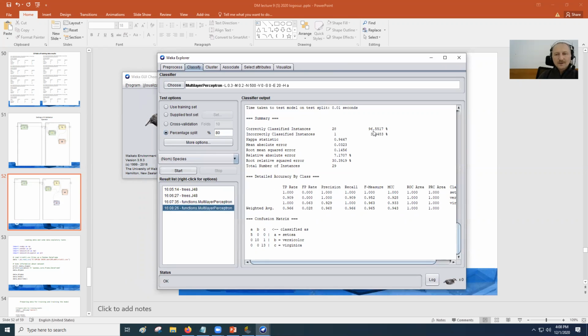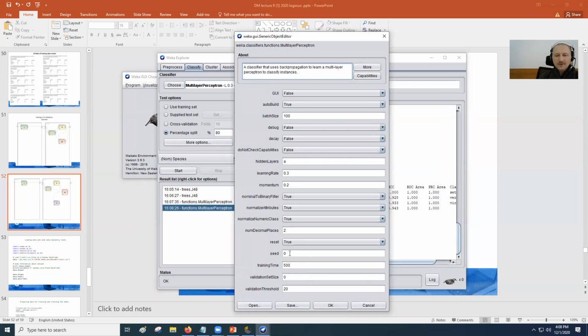Start this one. Also, because it is a neural network model, you can go to its settings and say that you want to use 10% for validation.